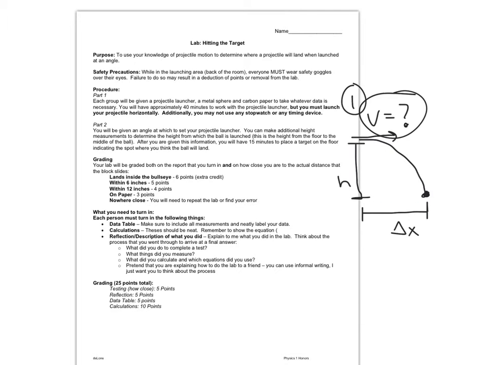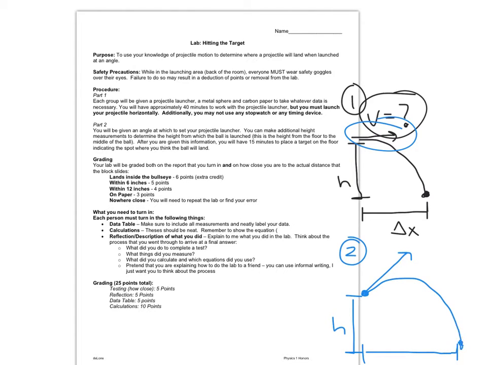For the second part of the lab, we took that initial velocity that we initially got, and then we took our projectile launcher and launched it up at an angle. It was launched from the same height as before, but now it was launched up at an angle, flew through the air, and landed at some different position. So the goal for the second part was to consider where it would land.